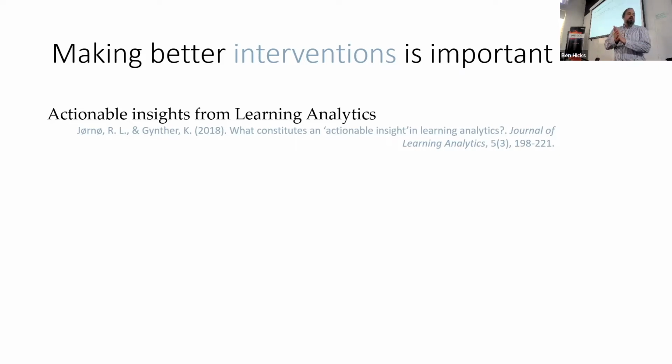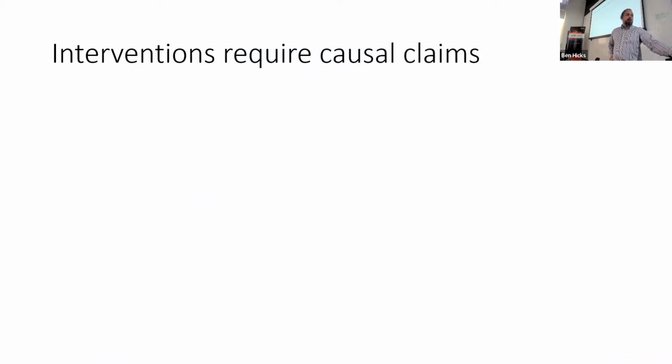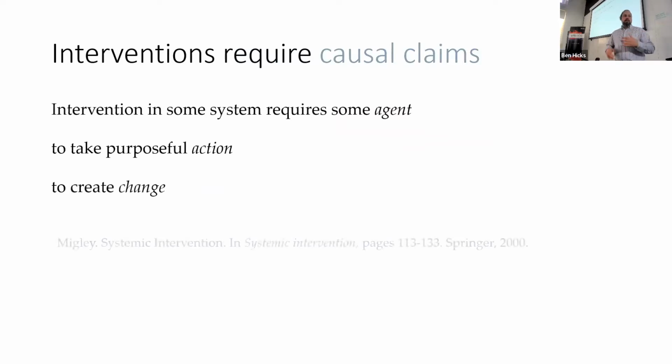The idea being, ideally, what we learn from the data we can then turn into some kind of action to improve learning outcomes. And in fact, others have gone even further, saying that these insights we gain from data are critical, and we have a moral obligation to act on them. Now, the trick, however, is that these interventions require a causal claim.